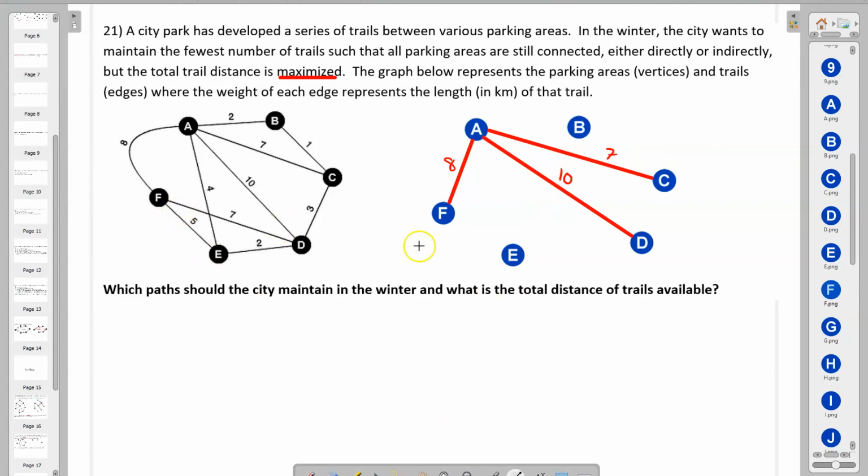The next largest is F to E, and after that we want the largest connection that'll bring in the last vertex, which in this case, for A to B, is a weight of 2. Finally, it asks us what is the total distance of trails available. All we have to do is add up all the numbers. 5 plus 8 is 13, plus 2 is 15, plus 10 is 25, plus 7 is 32.